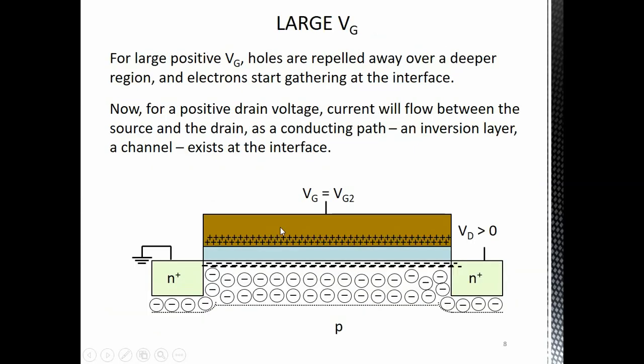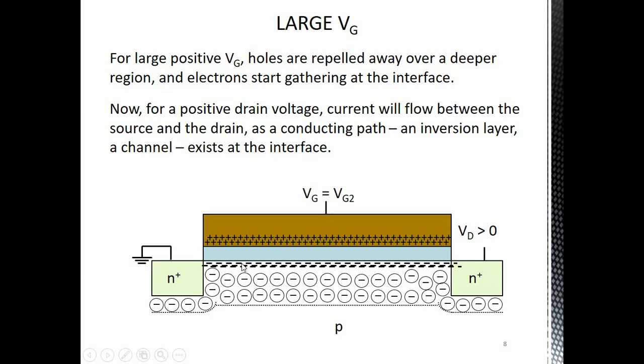So again, if you think about it, as the gate voltage is increasing, slowly electrons are gathering at the interface, and that process of gathering is slow. A little higher gate voltage, a little more number of electrons, higher. At some point when that density becomes equal to the hole density in the substrate, we say, this is threshold voltage. So even for a VG less than threshold voltage, there are of course electrons present.